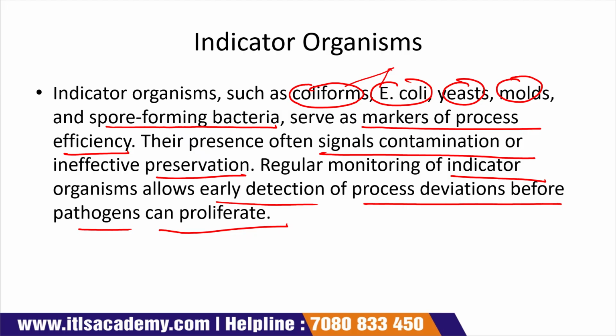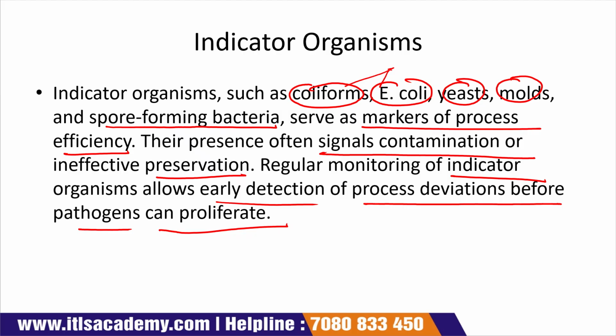Just to give an example, suppose you are working in the hotel industry, and you are testing an ice bucket. Now, from the door of that ice bucket you get E. coli.